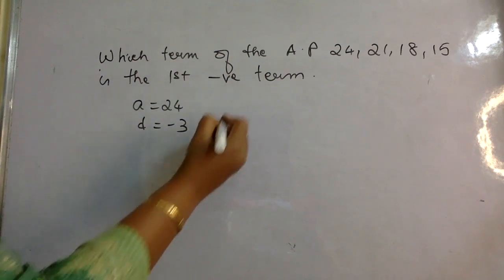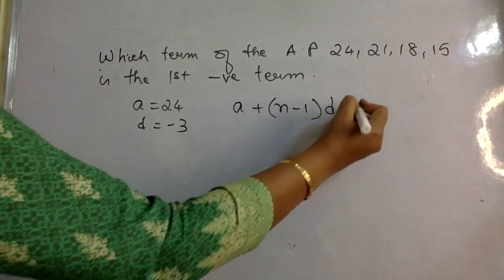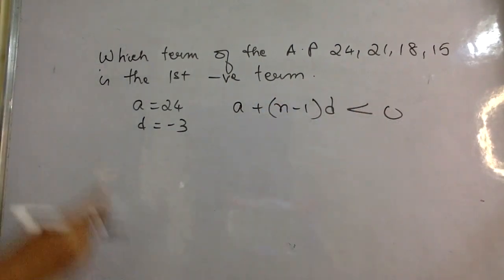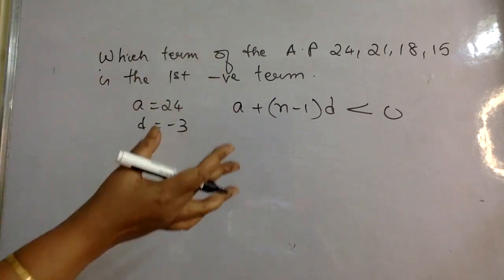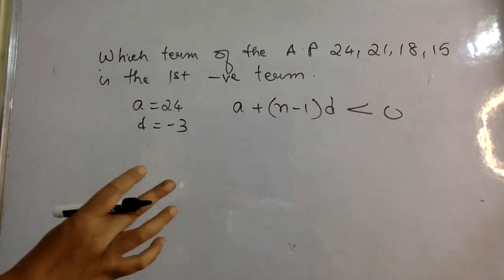So the Tn term formula, A plus n minus 1 D is less than 0, because we are looking for the first negative term. For what value of n am I going to get less than 0?